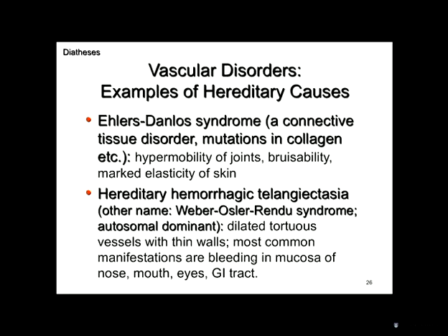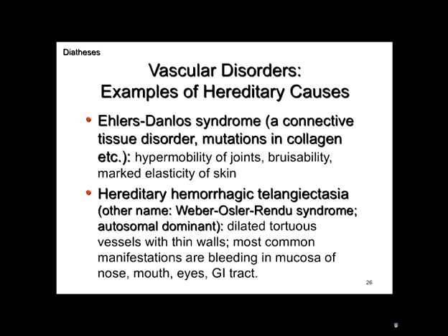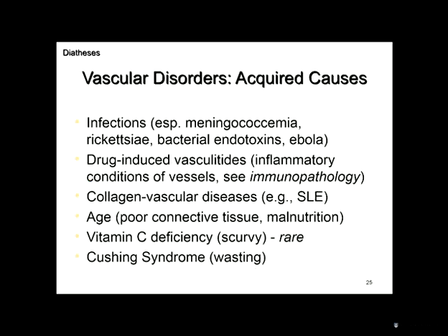But they all look very, very similar with these red papules. And once you recognize that, if the patient doesn't remember to mention it, you should ask about it because the same kind of problem could be in the brain, and therefore you should pre-medicate this patient. Okay? So those are the only ones you need to be aware of. A couple of hereditary ones, and then most of the time it's infections or drug-induced.